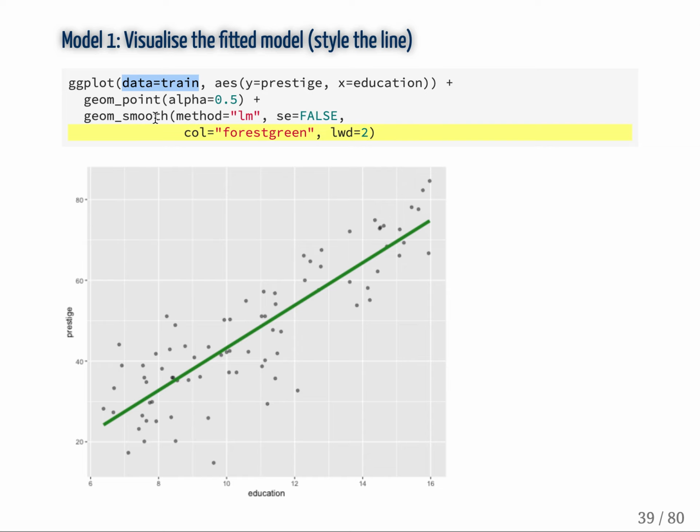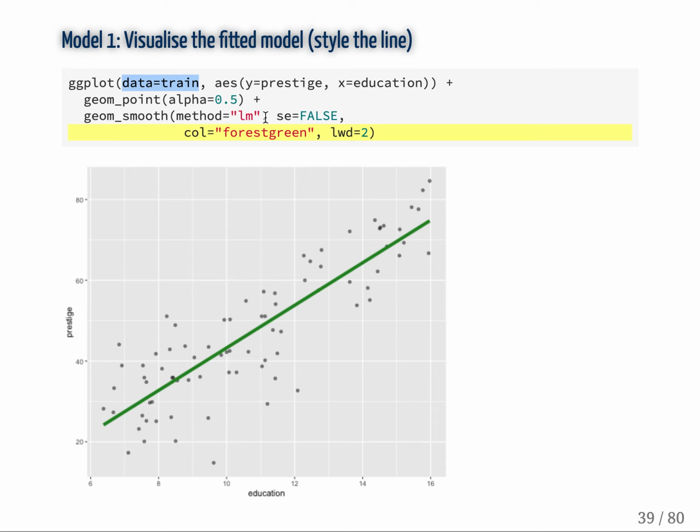Here I use the geom_smooth function to draw this linear regression line. So the method is lm. If you do not specify the method as lm, then it will use some other approaches like GAM models to capture the nonlinear relationship.